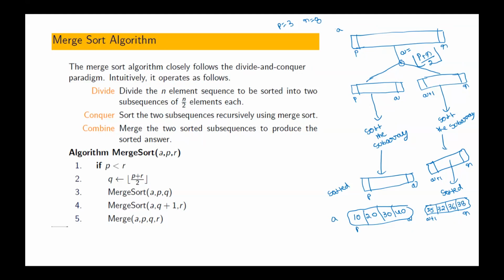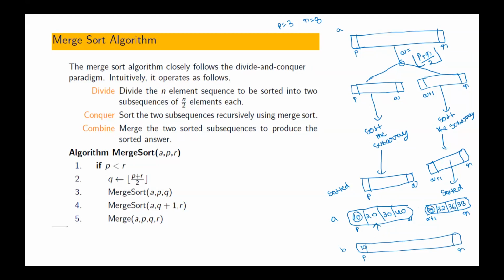What do we need to do? Take first element here and first element here. You take one new array, okay? You take that array with indices, say B[P..R]. First element here, first element here, you compare. Out of this, whichever is small, 10 is small. You copy that and go to next element.